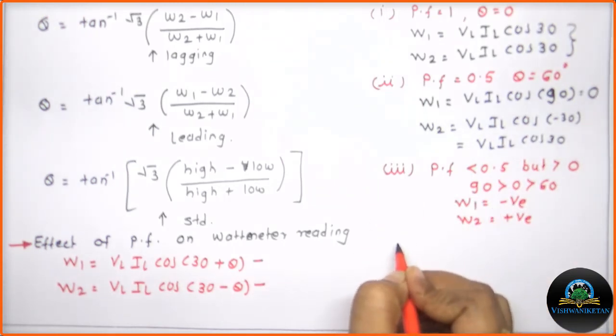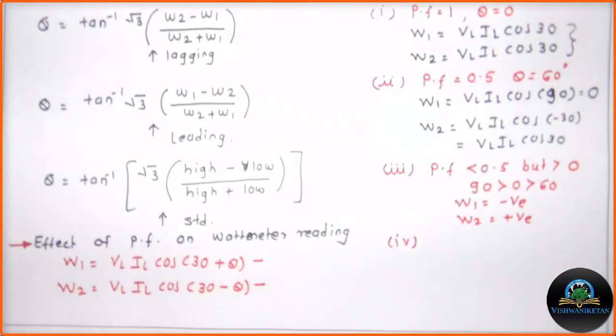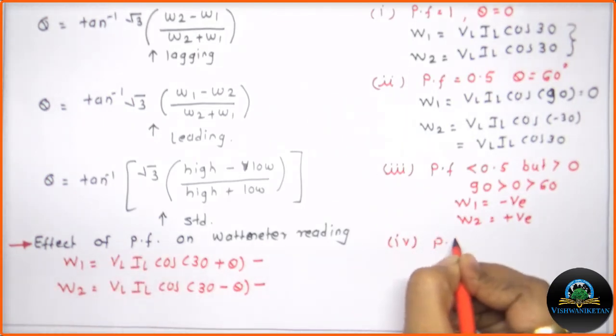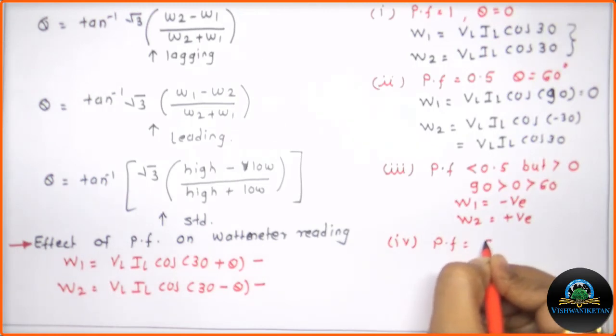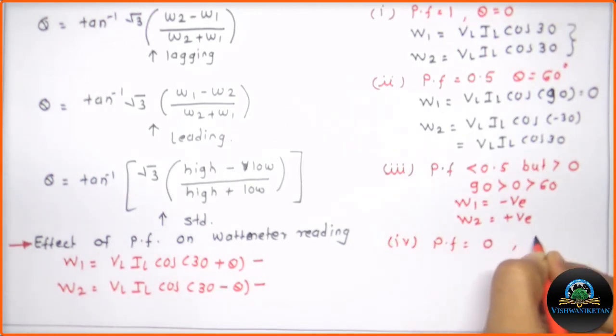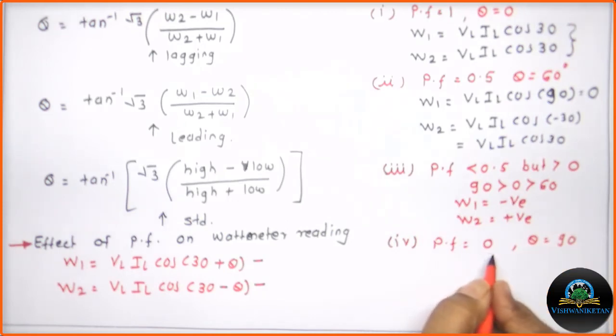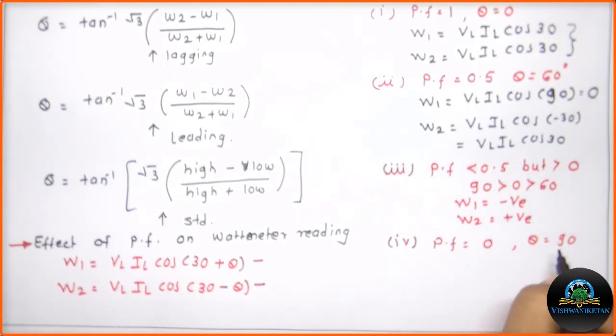Now let us go for the last one, which is the fourth condition, and this indicates that power factor is equal to 0. It means that theta is equal to 90 degree because cos 90 is equal to 0. In that case, I substitute theta equal to 90 in my standard equation.